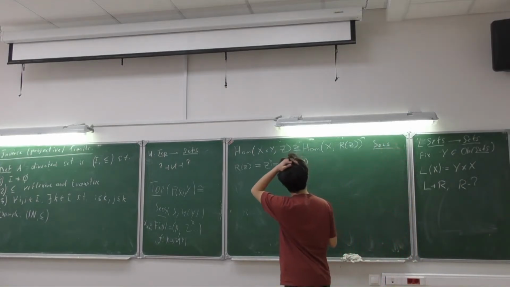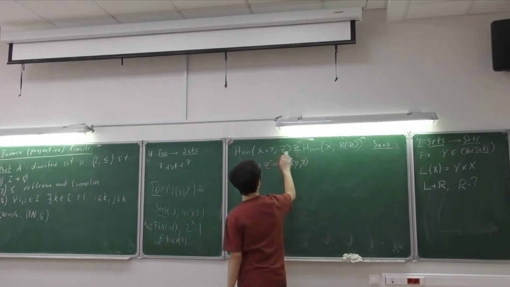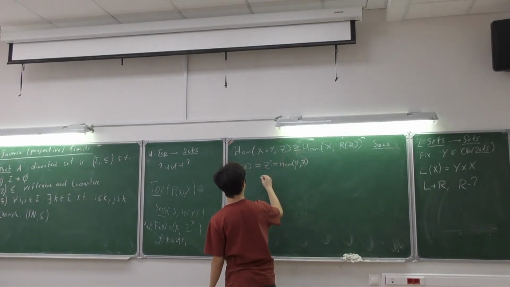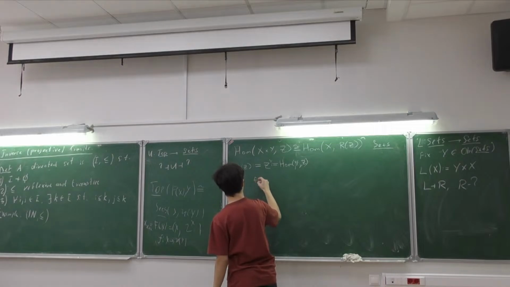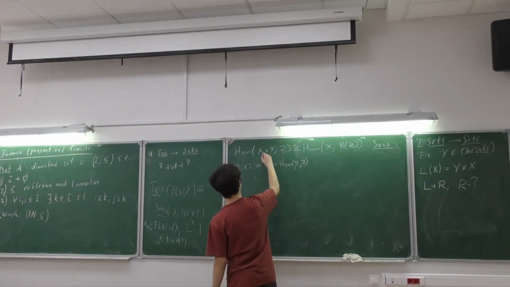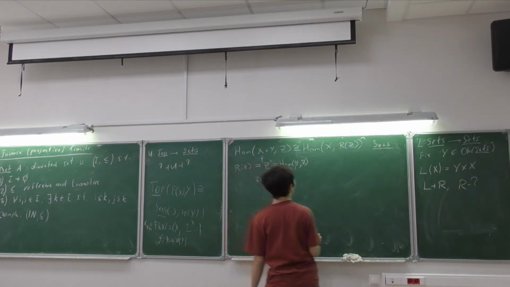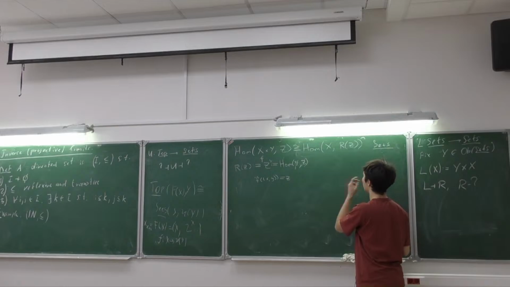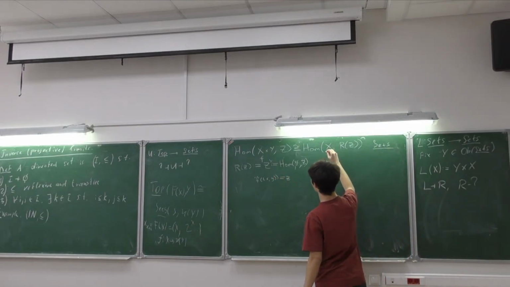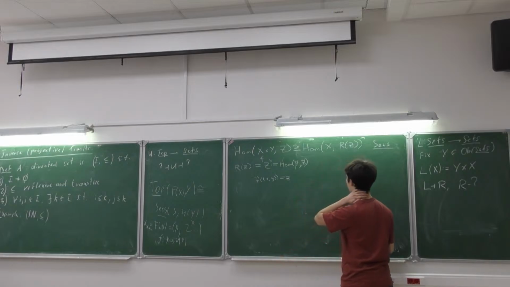Okay, and so how can we construct this bijection? Suppose we have f here, so it maps from a pair to an element z, and we need to construct a map between x and the hom from y to z.